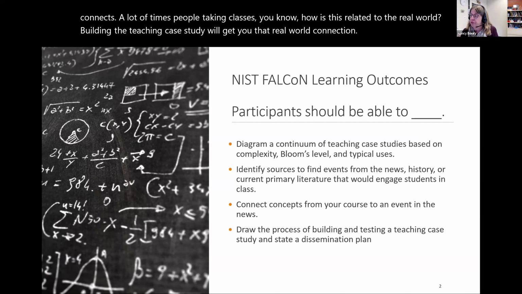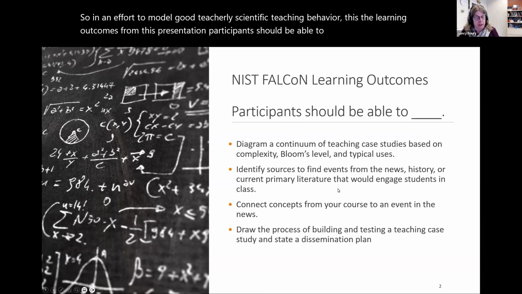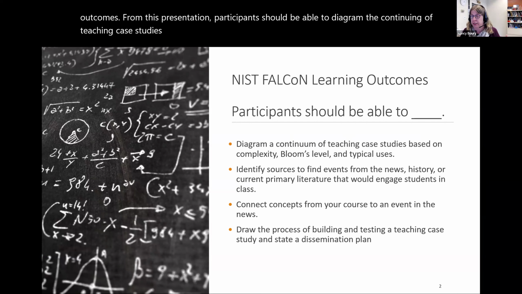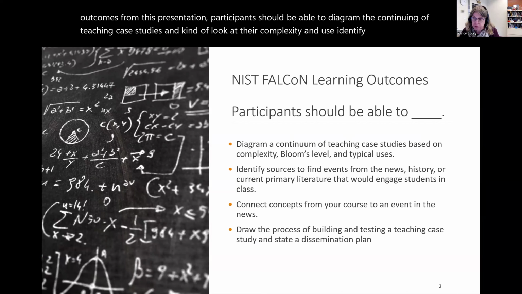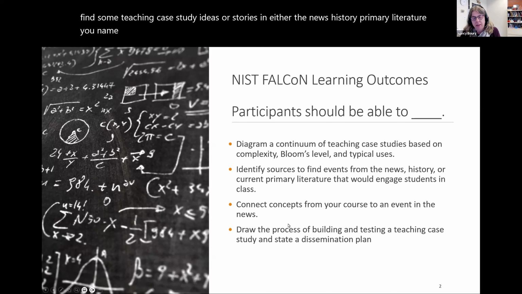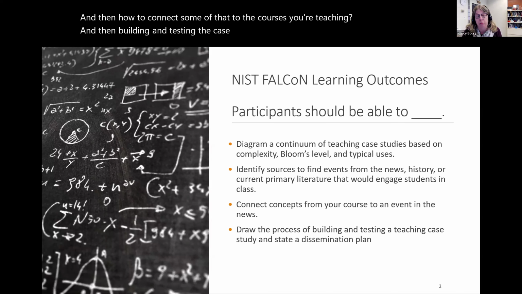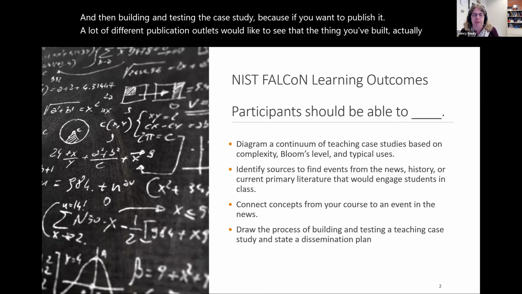So in an effort to model good teacherly scientific teaching behavior, the learning outcomes from this presentation: participants should be able to diagram the continuum of teaching case studies and look at their complexity and use, identify where you might find some teaching case study ideas or stories in either the news, history, primary literature, you name it, and then how to connect some of that to the courses you're teaching, and then building and testing the case study, because if you want to publish it, a lot of different publication outlets would like to see that the thing you've built actually works to help students achieve your learning outcomes.